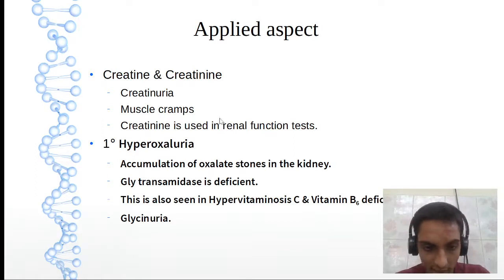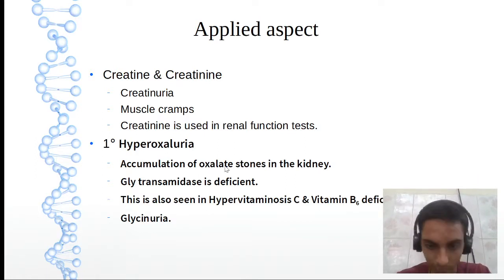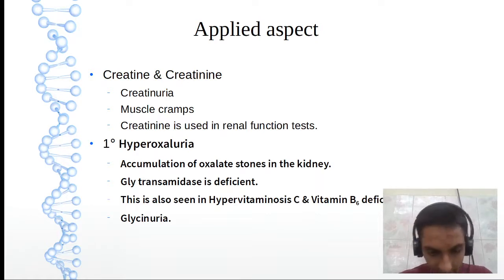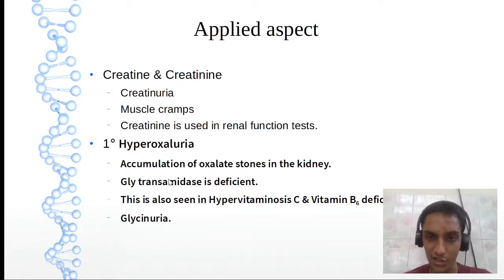The same oxalate we have identified in vitamin C, in hypervitaminosis C along with B6 deficiency. Remember that even B6 is also important for neurotransmission. And please know which vitamins are important for neurotransmission. And then glycinuria, that is excess glycine in the urine giving rise to oxalate stones.